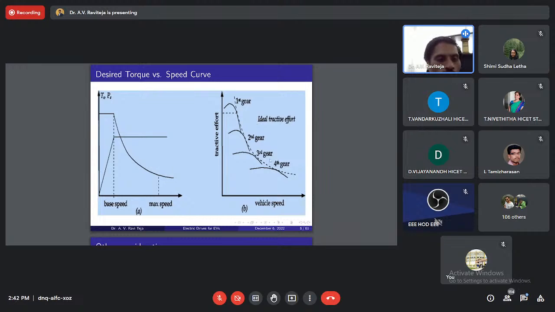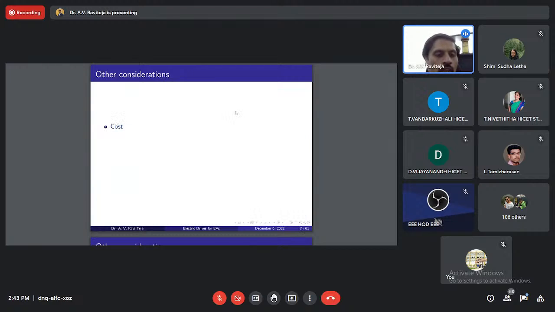Instead, if there is no gearbox, your power goes directly to the wheels, and so you can save some losses. So if the top torque achievable by the motor is sufficient to start the vehicle, then you can remove the gearbox and increase the efficiency of the drive. Right? So these are the factors you have to consider for choosing an electrical machine for EV application.